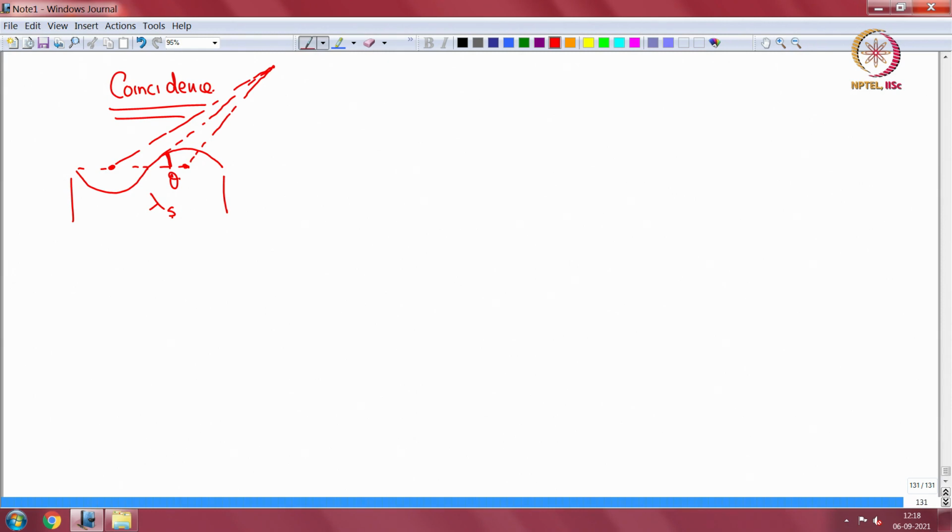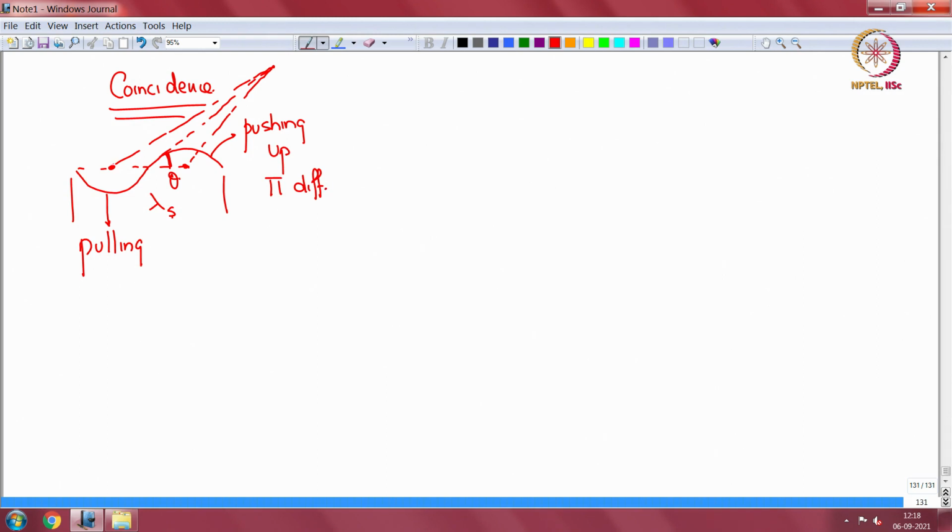Now, this is pulling down, this is pushing up. So, there is already a pi phase difference.